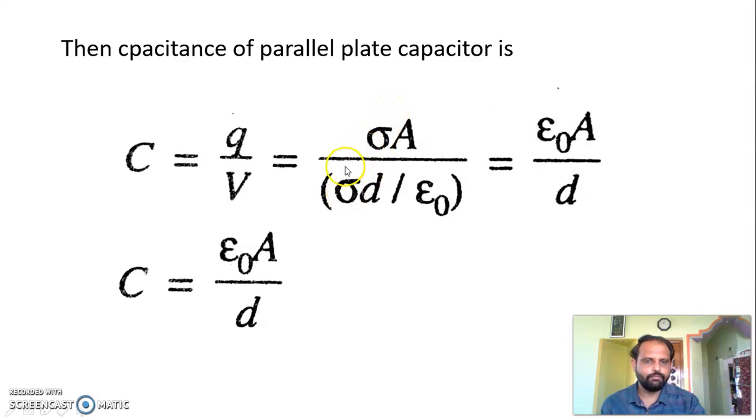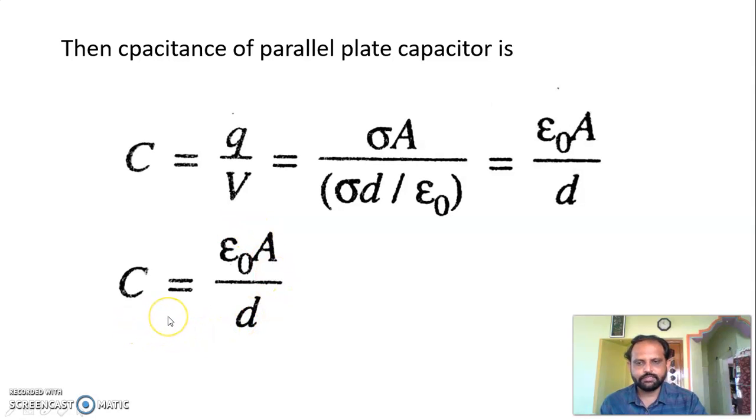Here sigma and sigma cancel, epsilon naught moves to the numerator, and A remains, so we get epsilon naught A divided by d. Thus the capacitance of the parallel plate capacitor is epsilon naught A divided by d, where d is the separation of the two plates and A is the area of the conductor.